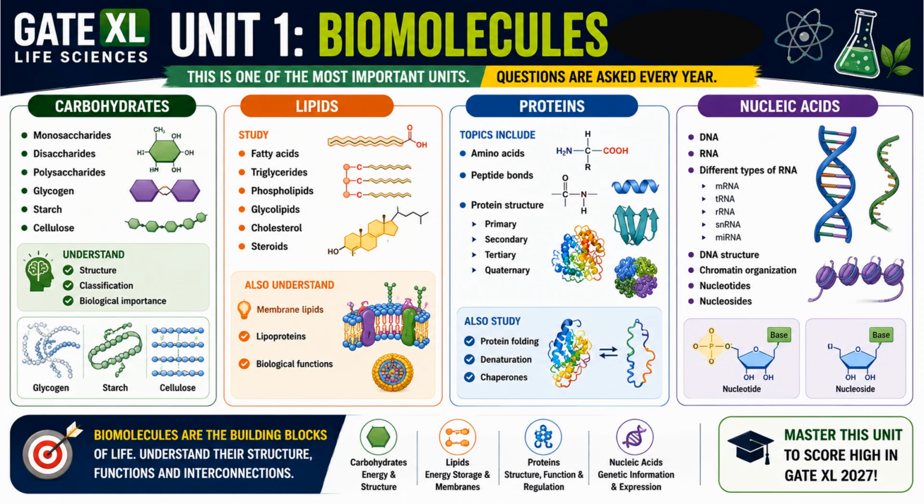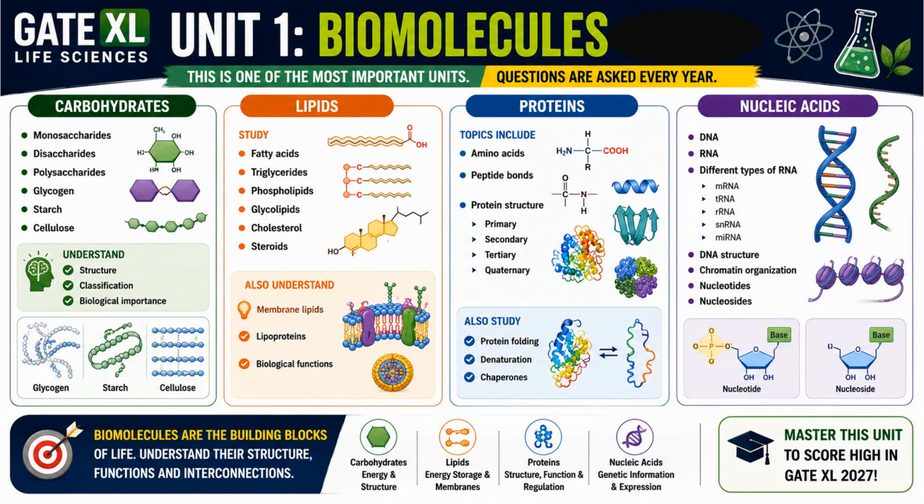Normally in this case, questions often test the conceptual understanding of these molecules. At the same time, for lipids, we should study fatty acids, triglycerides, phospholipids, glycolipids, cholesterol, and steroids. And clinical importance is very important in the case of lipids.